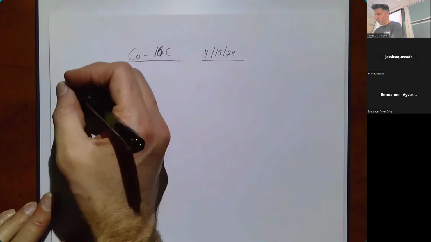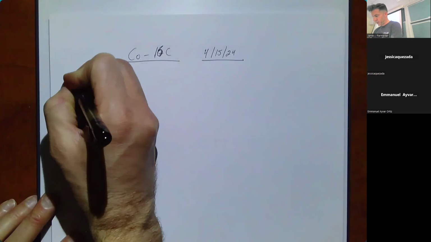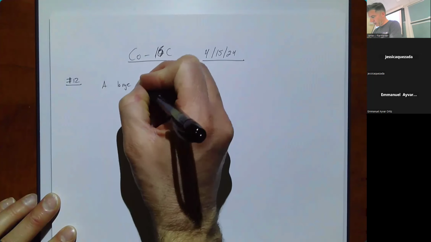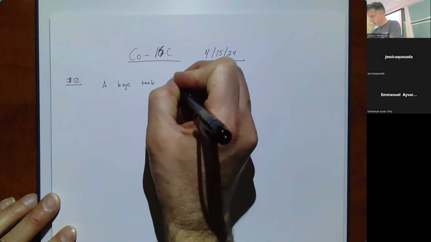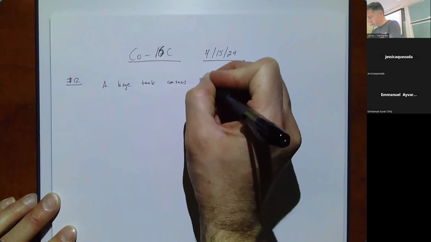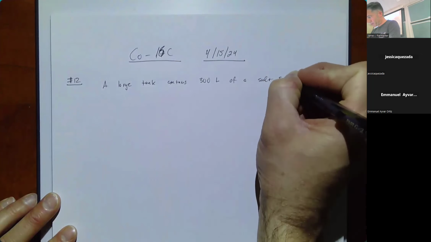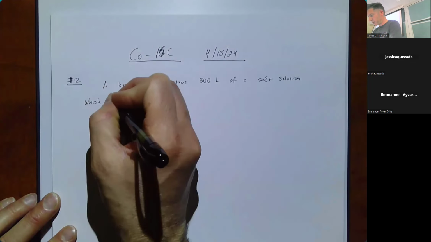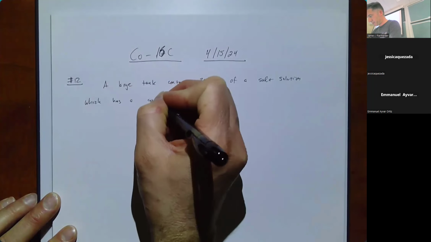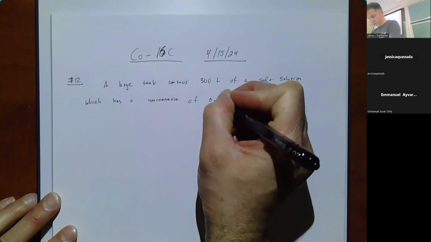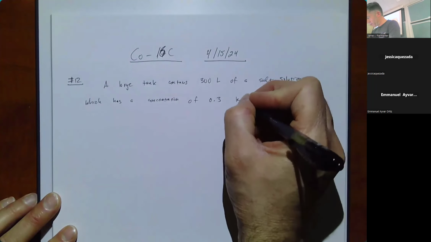So I'm looking at problem number 12 from the homework. Here's the specific setup. A large tank contains 300 liters of a salt solution, which has a concentration of 0.3 kilograms per liter.